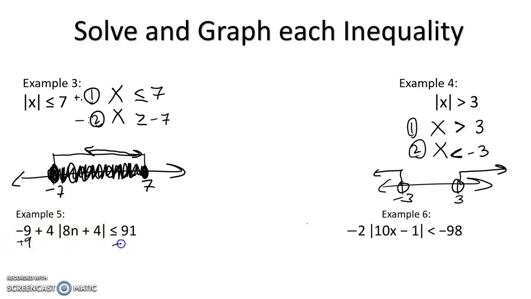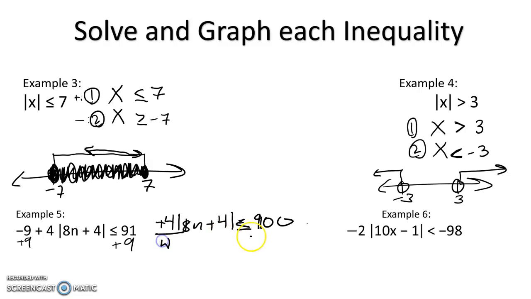So the first thing I'm going to do is take that 9 and add it over. If it was positive, you would subtract, but since it's negative, we add. So you get 4 times the absolute value of 8n plus 4 is less than or equal to 100.